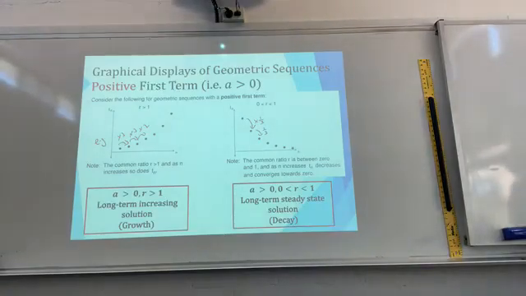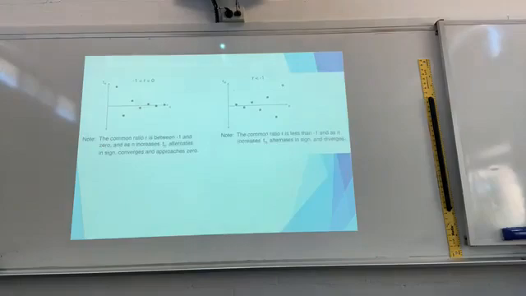Now, what if a is less than 0? Oh, sorry, a is still greater than 0, and then you've got a negative r. The first situation is when r is between -1 and 0, and the other one is when r is less than -1.